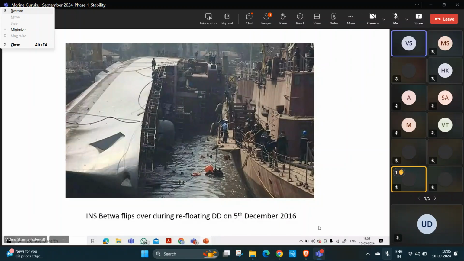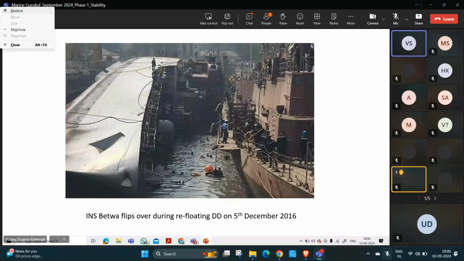So this can be the outcome of poor stability calculations during docking or refloating. This is again not to frighten you, it is just to hammer across the point of seriousness, because dry docking and refloating both are very serious processes and you cannot afford mistakes in the calculations.